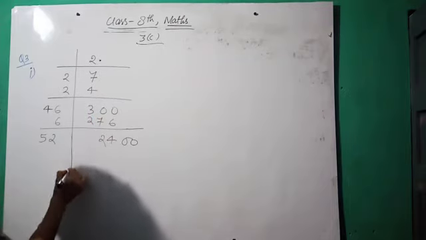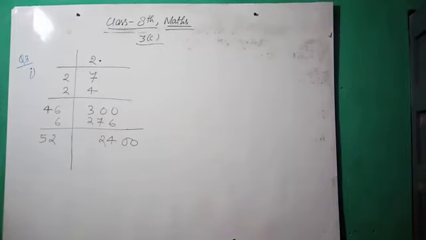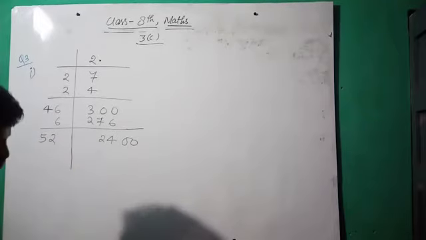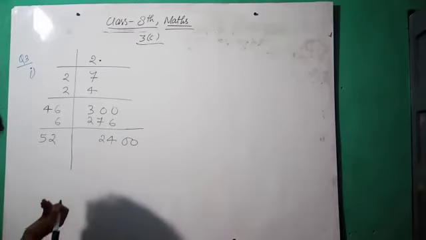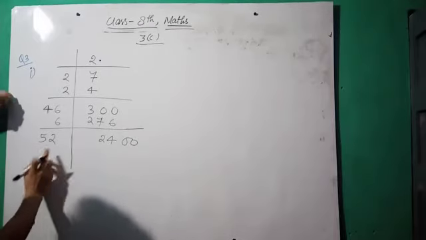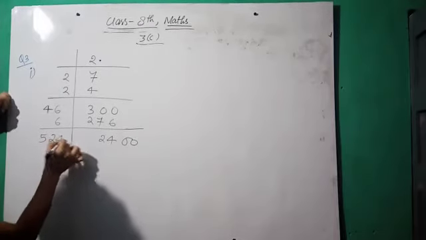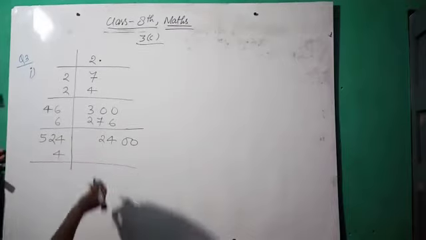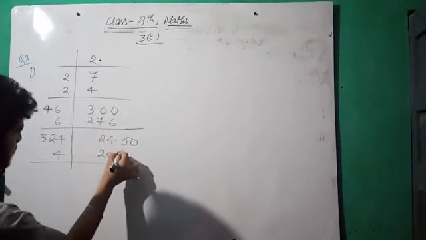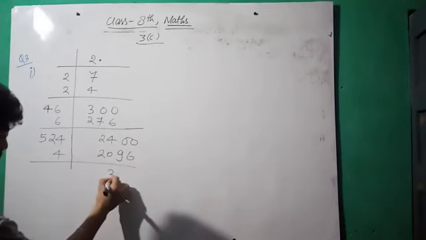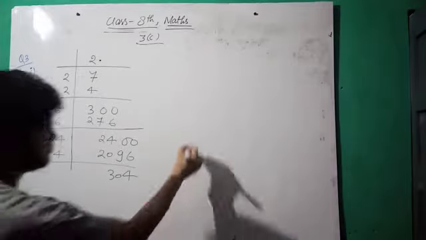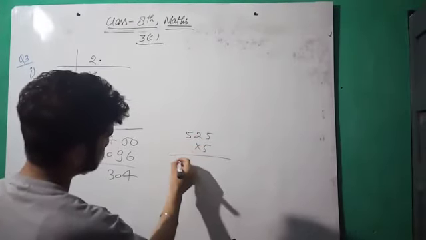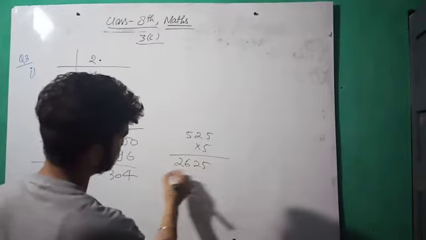Now we have to multiply by a digit so that it must be less than 2400. If you multiply it by 4, this becomes around 2000. Actually 2096, so we have 304, and if you multiply it by 5, this becomes 525 and 26 to 5.